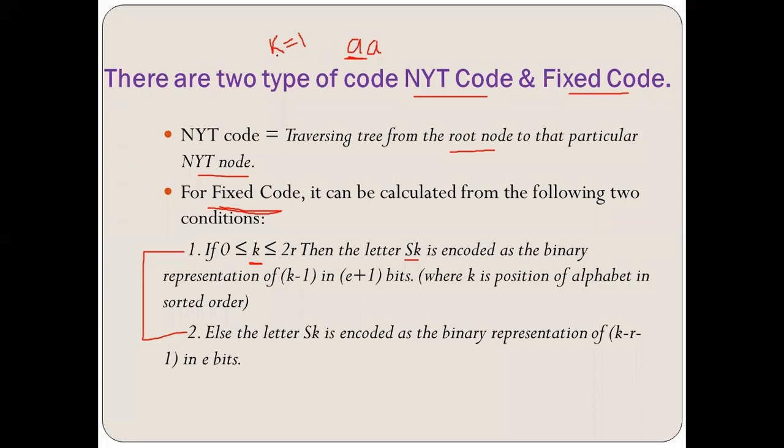So the K for A is 1. I am going to test whether 1 is lying between 0 and 2R. R is 10, as we have seen earlier, so that is 0 to 20.